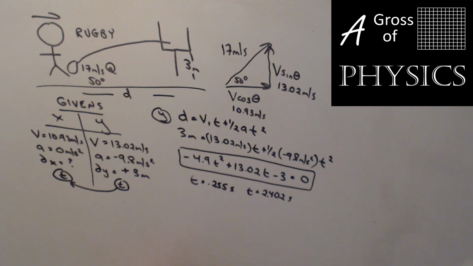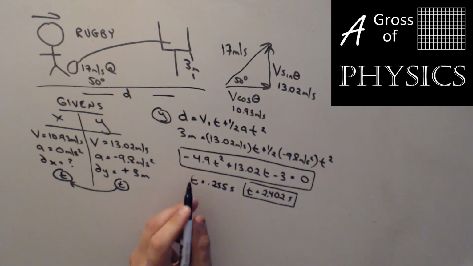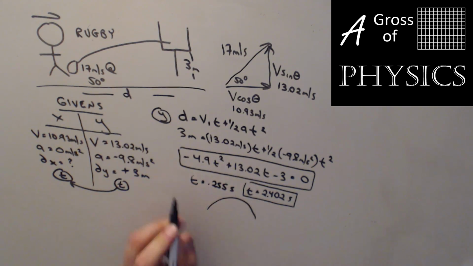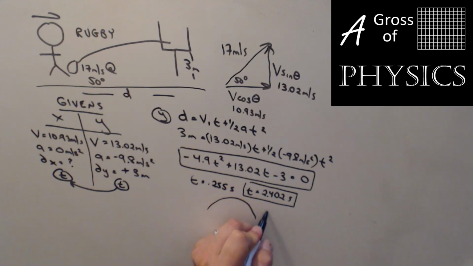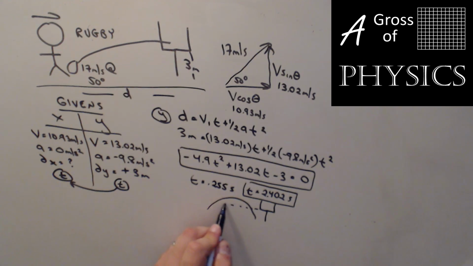Now the question asks, how far can the player stand from the 3-meter high goalpost if the ball barely skims the crossbar? I'm assuming this means the farthest distance total, so I'm going to use the bigger time in this case. If we remember, there are 2 times where the rugby ball will reach the goalpost. If this is the goalpost over here, we'll hit the goalpost at these two locations, and that's what these times represent: 0.255 seconds after it was kicked and 2.4 seconds after it was kicked.